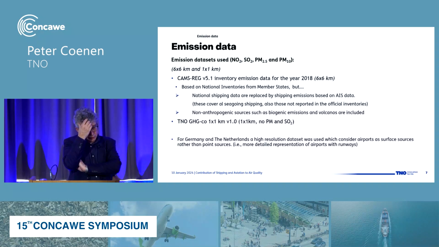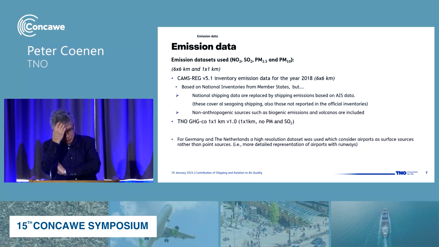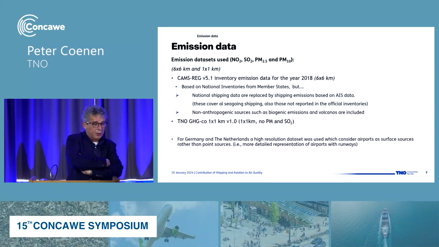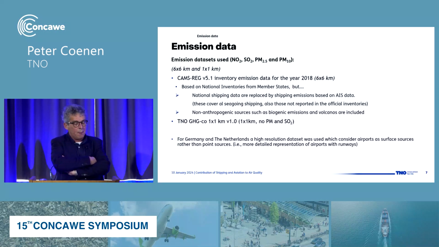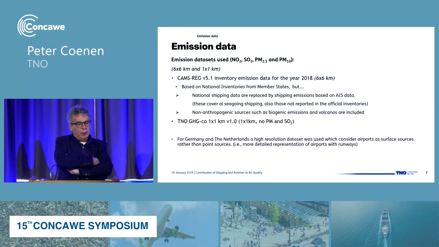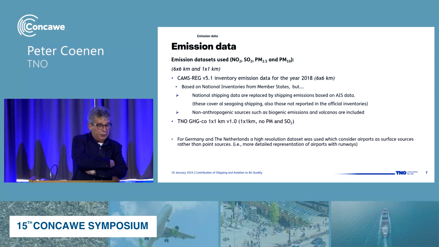We used the CAMS-REG version 5.1 inventory, which is made in a project for the CAMS Copernicus program by TNO and some other contractors, which compile an inventory for Europe and even for global emissions.